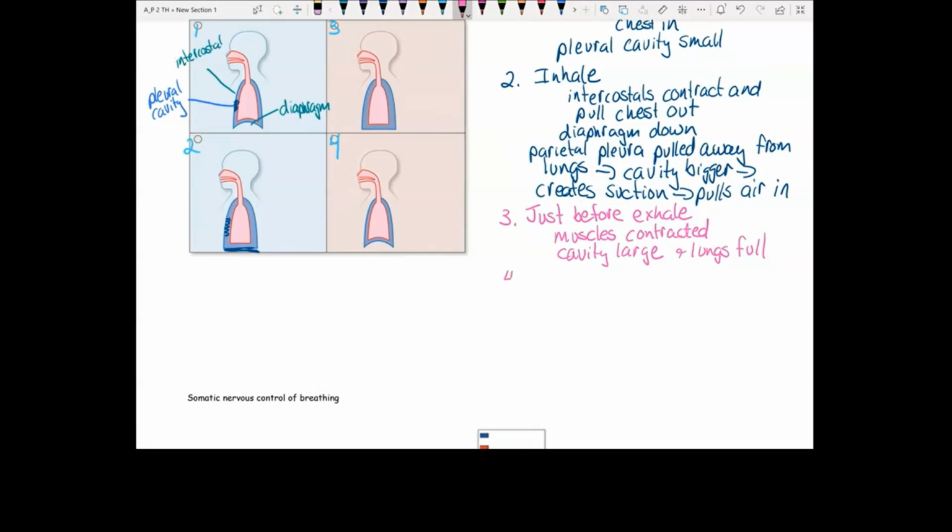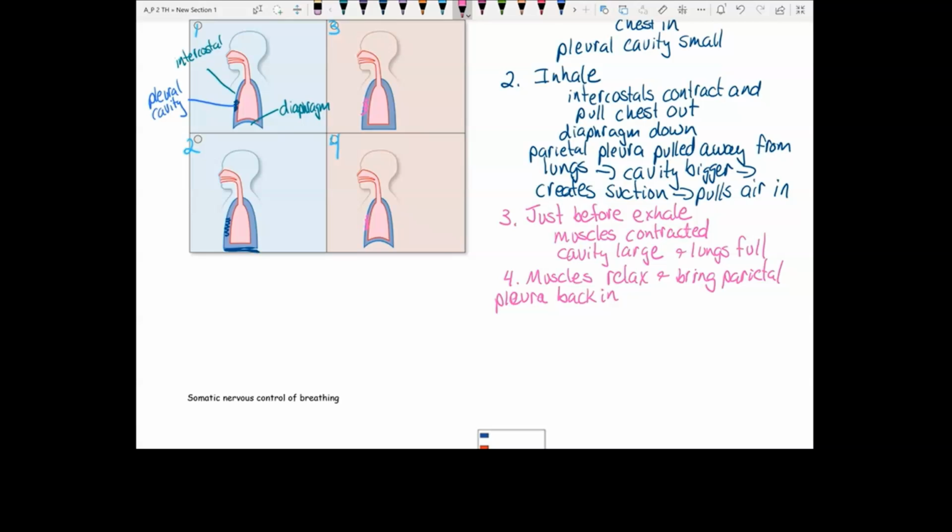Now if we go to picture 4. So look at the cavity. Here's the cavity. Here's the cavity. In picture 4, we make the cavity small again. We do that by having the muscles relax and bring the parietal pleura back in. So the chest comes back in, the diaphragm goes back up.